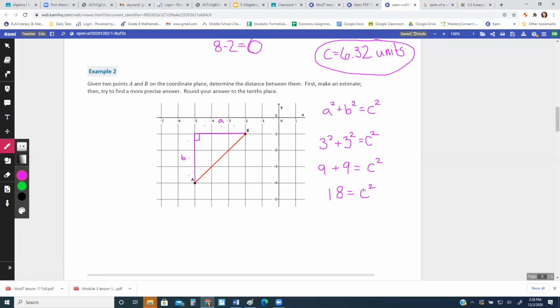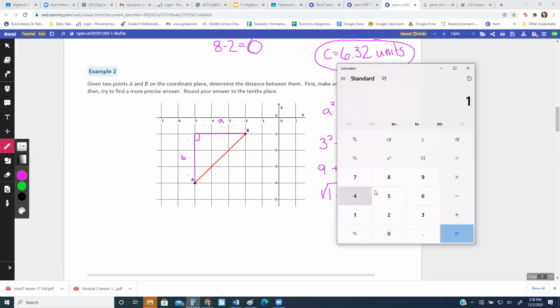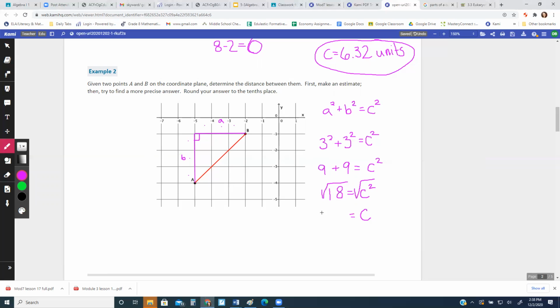Let's try to figure out what c is. Square root of c squared is c. Square root of 18, I don't know. So we're going to hop over to our calculator and say 18, what's the square root of it? 4.24. Okay, so c is 4.24.